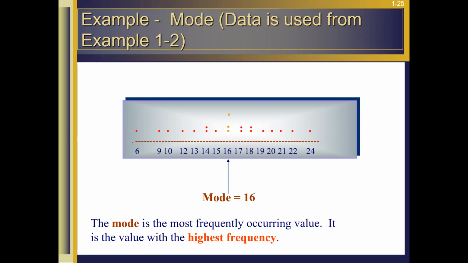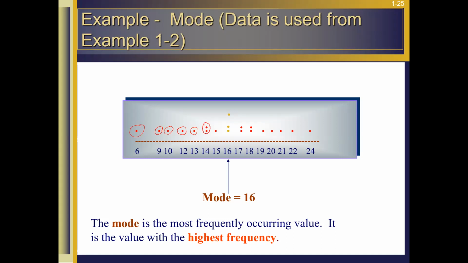Now you can see how many values there are for each. For 6, there is one value. For 9, one. For 10, also one. 12, one. 13, one. But for 14, there are 2, no?